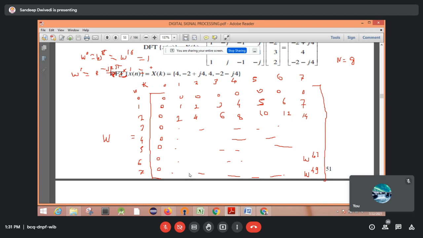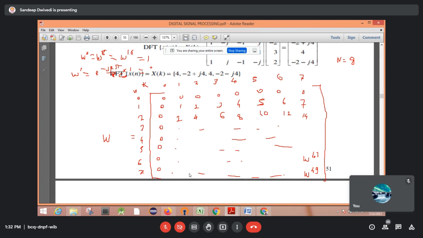So what is the value of cos pi by 4? What is the value of cos pi by 4? You can use a calculator. One by root two, sir. Yeah, 1 by root 2, or 0.707.